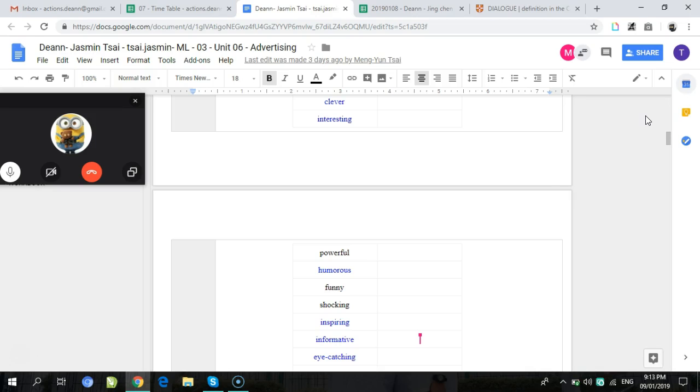How can a good advertisement be especially eye-catching? A good slogan in the advertisements will be good at catching attention, to let people remember the advertisement and their products.